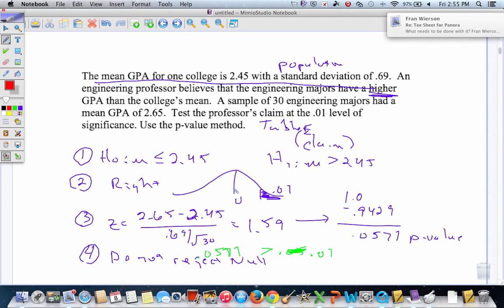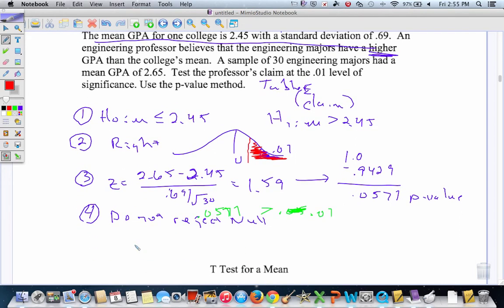I'm going to continue the shading idea as well. With the shaded area, 0.0571 is going to be substantially larger than 0.01. You can see our new shaded area comes in the previously unshaded part, which again should tell us to not reject the null.